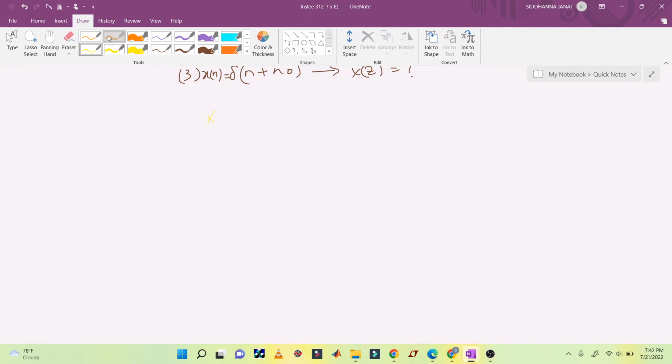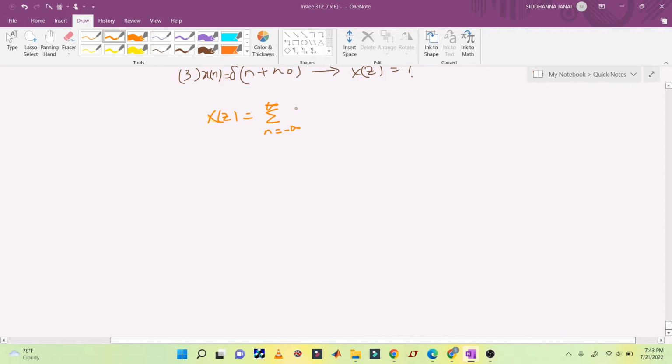It is not visible, right? x of z is equal to summation x of n z power minus n. Now let us substitute delta of n plus n naught z power minus n.